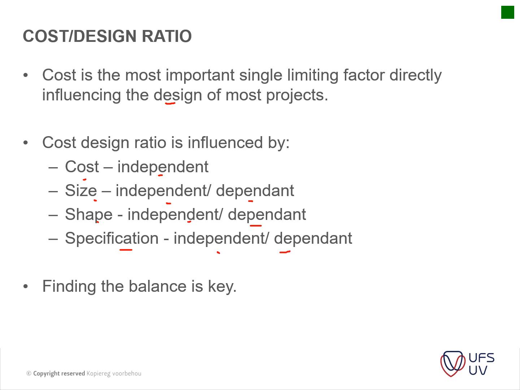So there's a big ratio between those, although it leans towards being mostly dependent on how much funds are available. But if you play around with the size, the shape, and the specifications, you can usually find a middle ground, and this is where the cost engineers or the QSs come into their own, with feedback on what options would be best. So the main thing, like I said, is finding the balance.